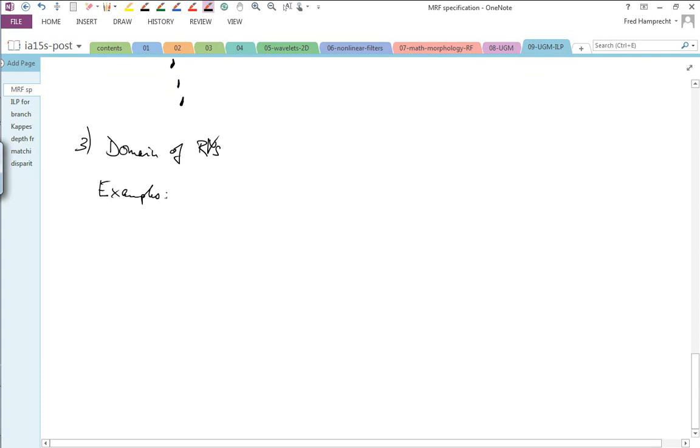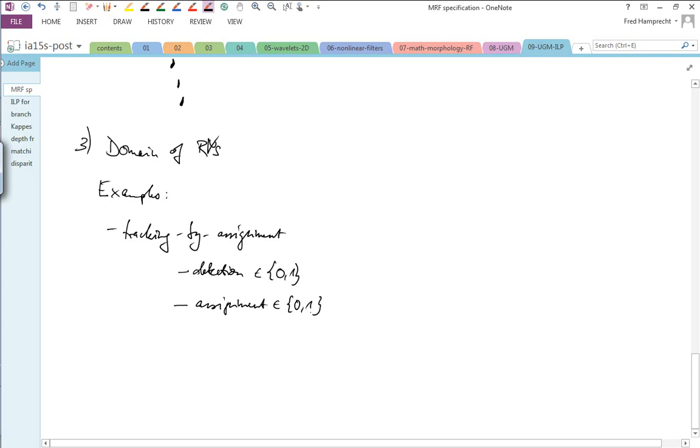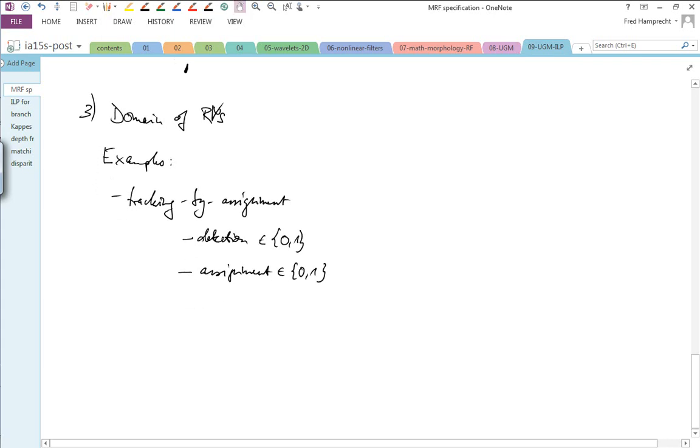And when we talk about the domain, let's revisit our examples. We had the tracking by assignment example, where I had the detection variables, and in the simplified model these would be binary, and we have assignment variables, which in the simplified tracking model would also be binary.